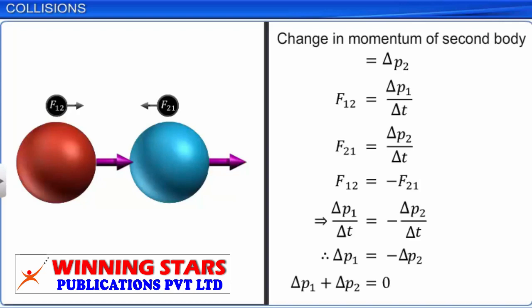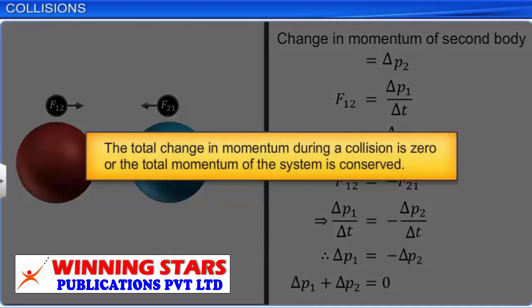Hence, we can say that the total change in momentum during a collision is 0, or the total momentum of the system is conserved during collisions.